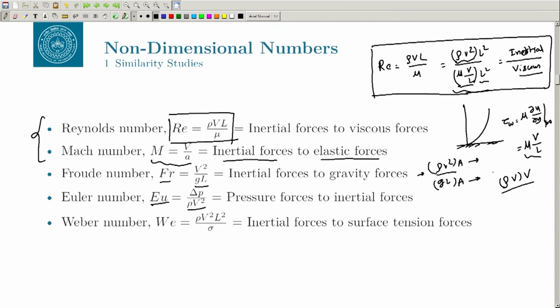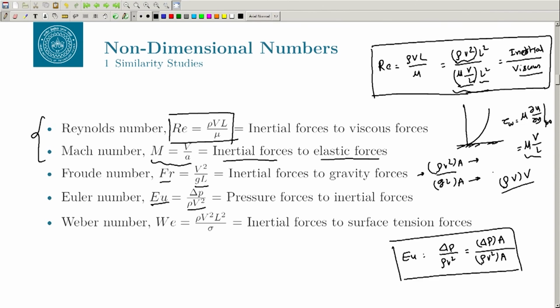There is some pressure gradient there, delta P. So, your Euler number will be delta P by rho V square: pressure into area gives you the pressure force, and rho V square into area gives you the inertial force, and you have to see how they balance out each other. If the Euler number is higher, then pressure force is dominating, and vice versa.